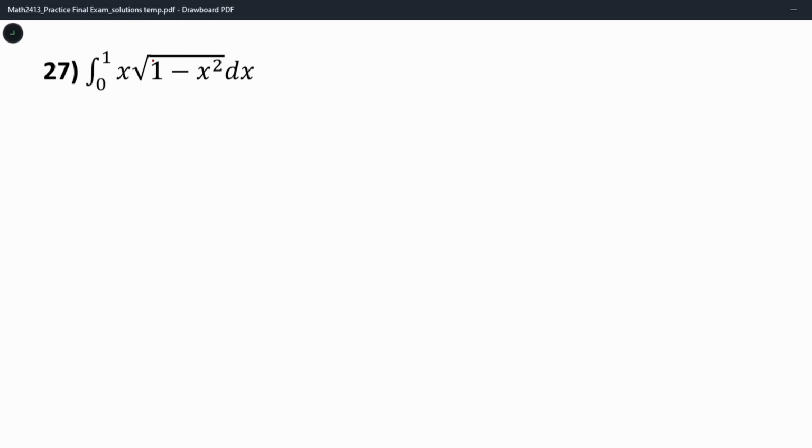And this time I am noticing that I've got the square root of 1 minus x squared, and that is multiplied by x. So this is one of those cases where it's probably going to be to our advantage to use a u substitution.